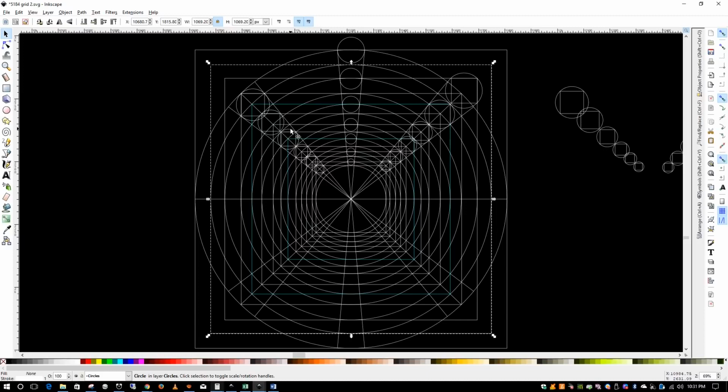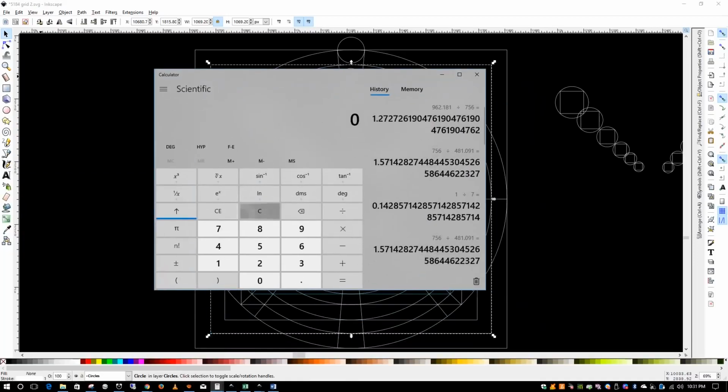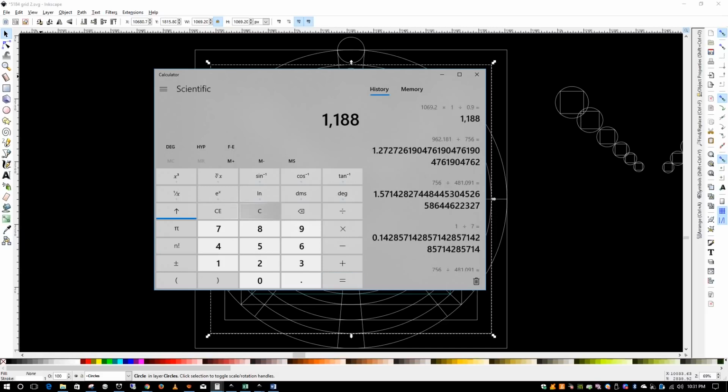That gives us 1069.2. Now, then we take that value, 1069.2, and we multiply that times the inverse of 90%, which is 1 divided by 0.9, and we get 1188.